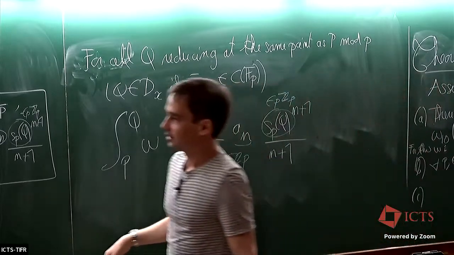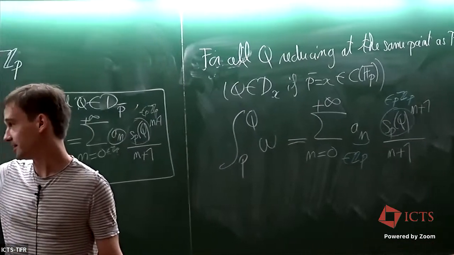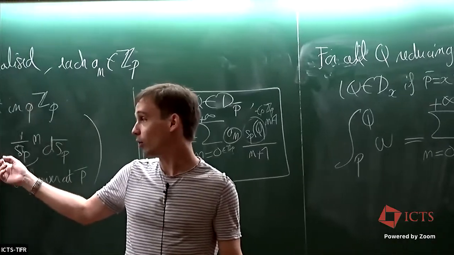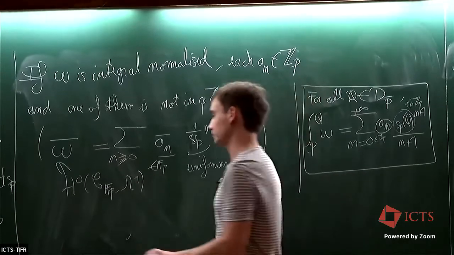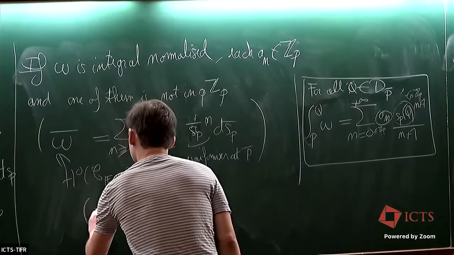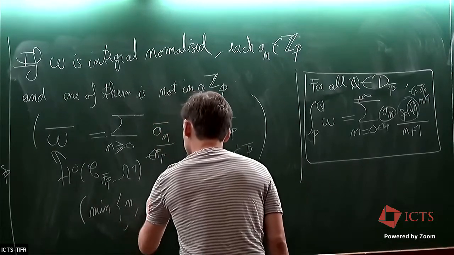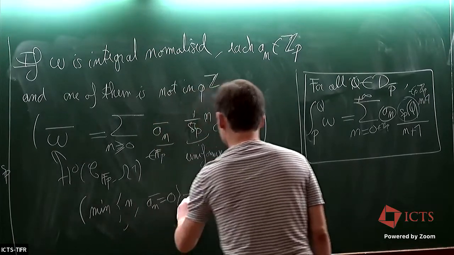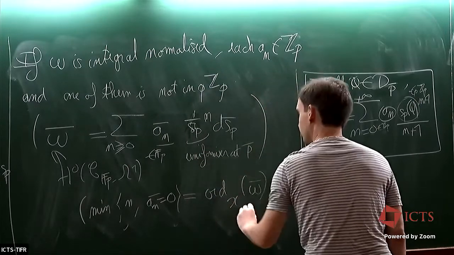Well, it appears here. How soon this is non-zero has a name. It's the order of omega bar at x. Okay, so I should write it here. Here it's because I chose a uniformizer. It's the order of omega bar at x.